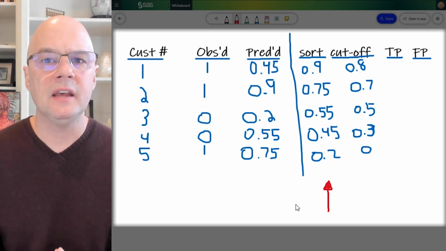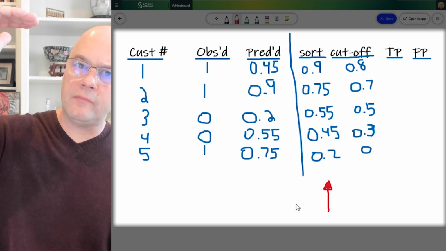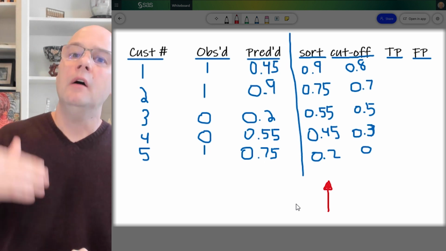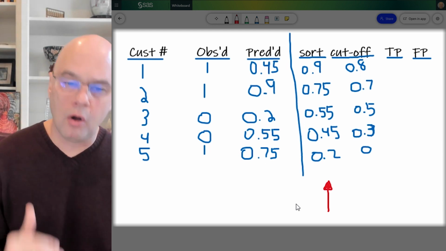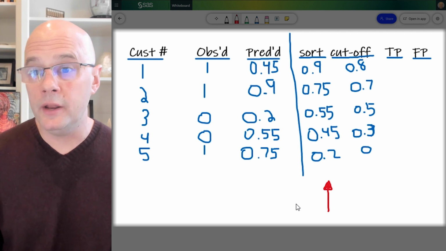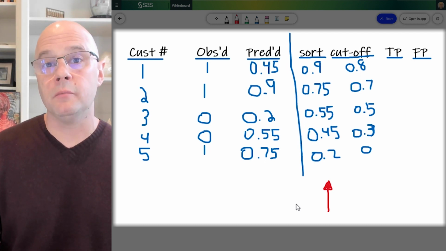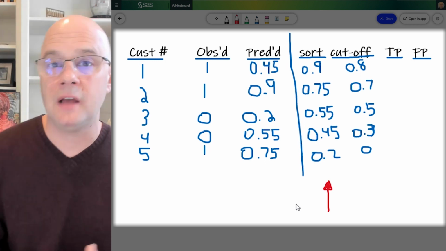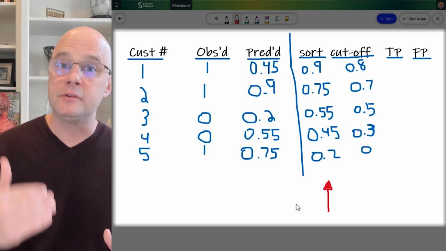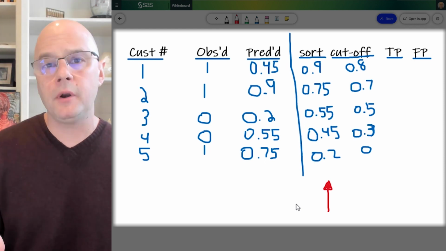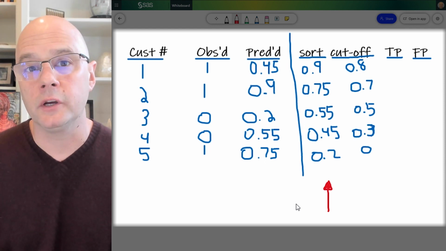All that this is, is a rank order of my cases ranked by the particular model from most important customers all the way down to least important. Now, if the model's good in that rank order of customers, hopefully a lot of observed 1s would be at the top of the list, and a lot of my observed 0s would be at the bottom of the list. That's the appropriate rank order if my model's doing a good job at it.